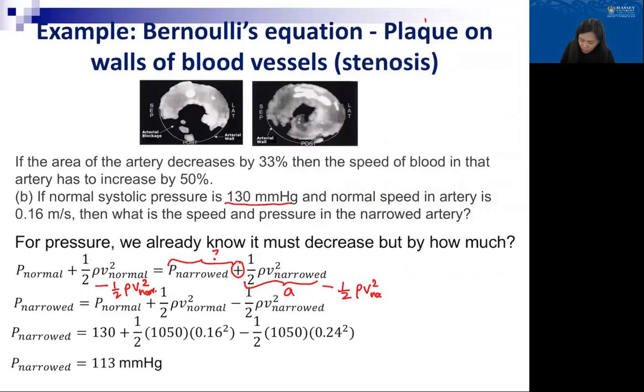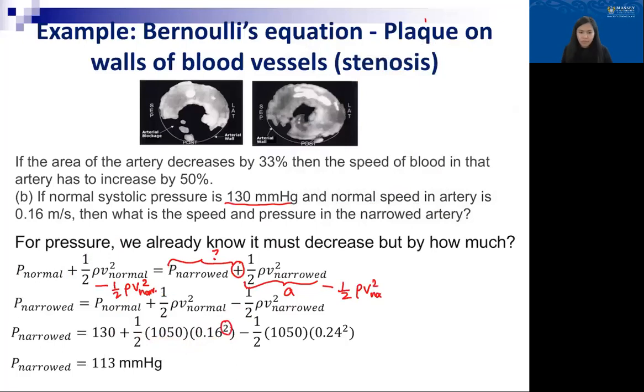So 130 millimeters of mercury, and then you have 1/2 times the density of blood, which was not given earlier, but this is some constant value that we will give you if you need it in the exam. For example, it's 1050, and then the area of the normal artery, 0.16. Don't forget there's a square.